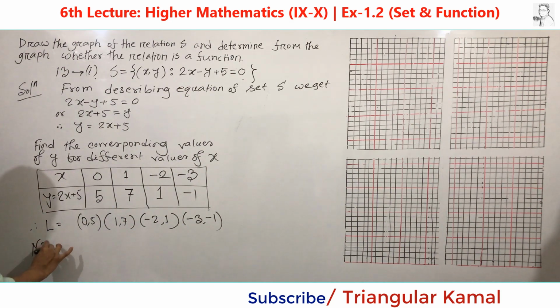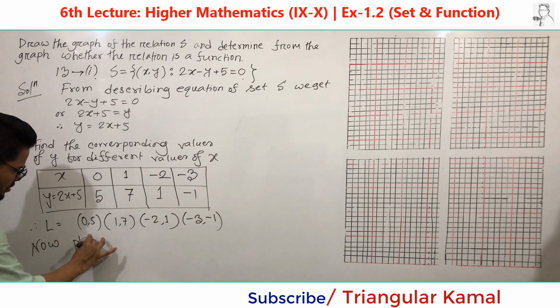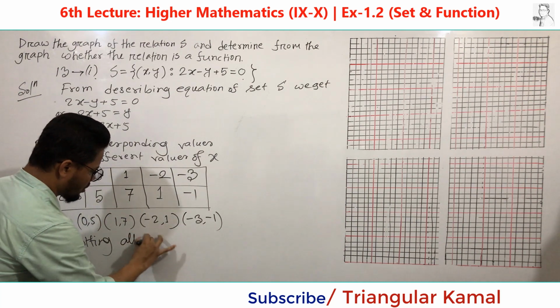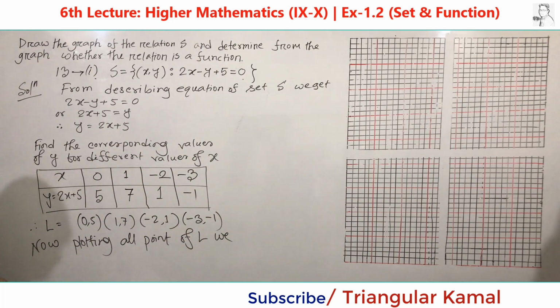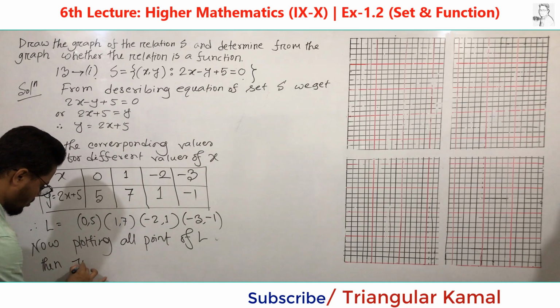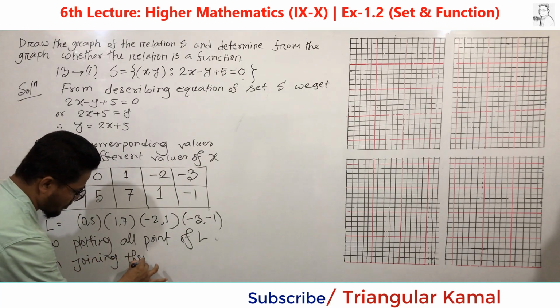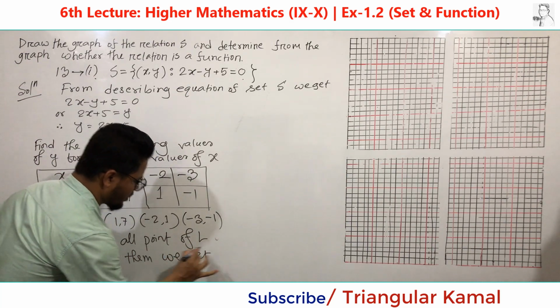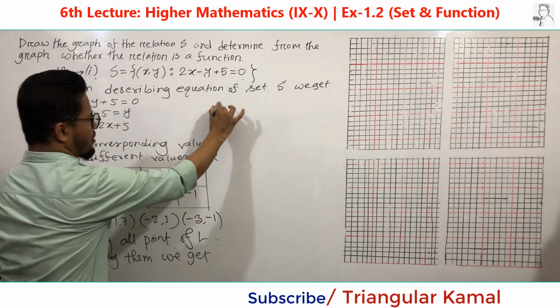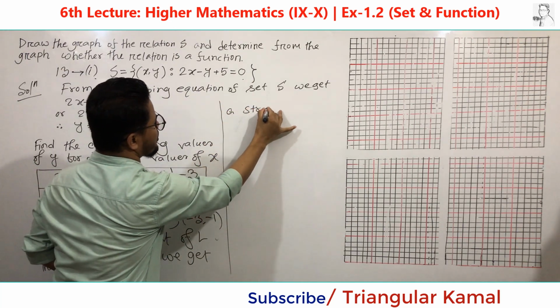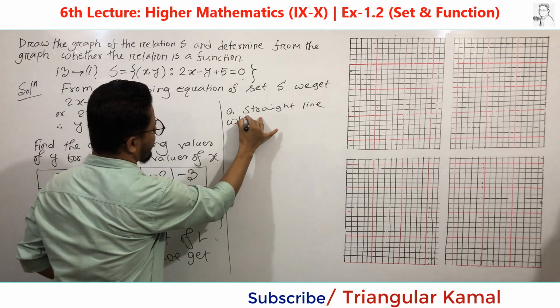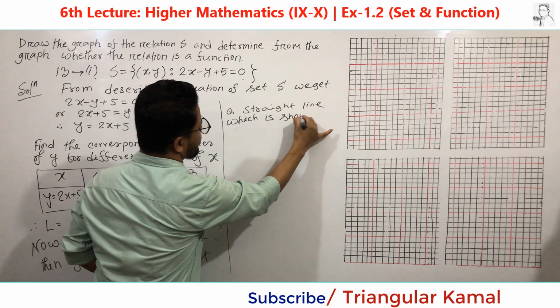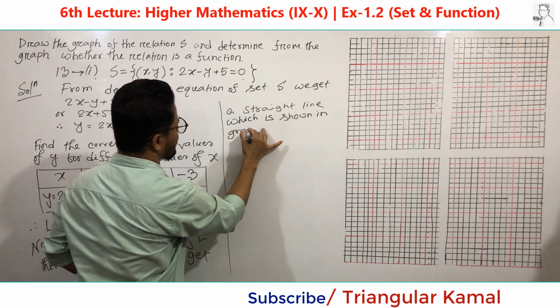Now, plotting all points of L and then joining them, we get a straight line, which is shown on graph paper.